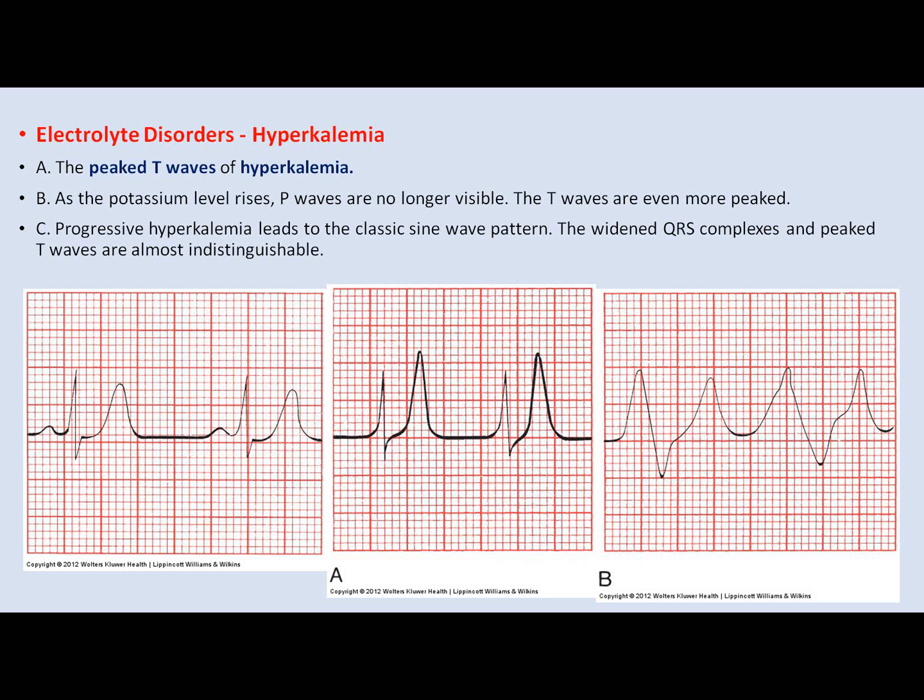So hyperkalemia, the important finding is peaked T waves. See that? So when you see this, like I said, a peaked T wave could be a heart attack, but also think about potassium. So if the patient has kidney failure, then you think about potassium, hyperkalemia may be a problem. The danger of this is, the next step is that it's going to affect the heart, and then the heart will go into ventricular fibrillation.